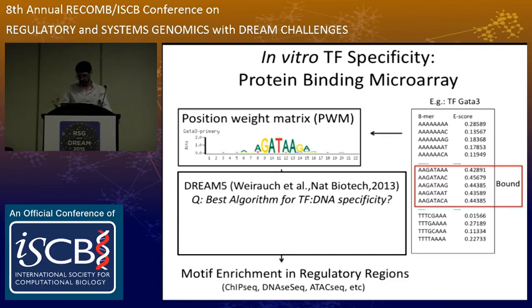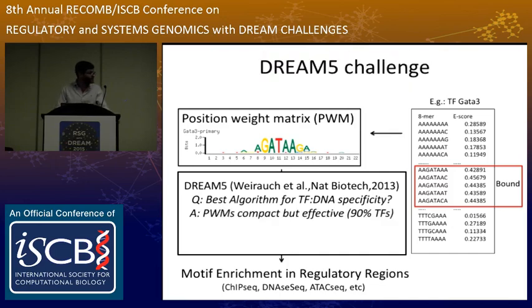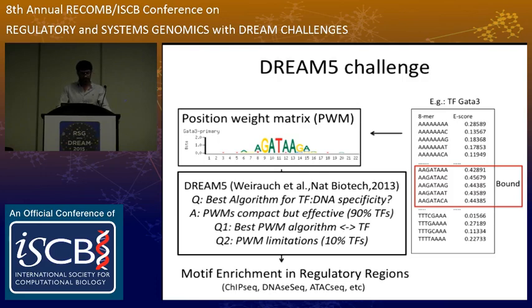The challenge answered several questions, one being that in general, at that point, for about 90% of the transcription factors, the position weight matrix models are quite competent and effective. But some questions were still unresolved, such as the fact that the best pipeline is transcription factor dependent.